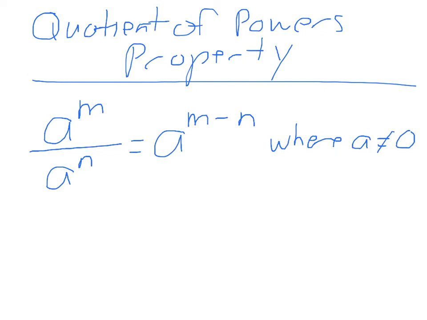And we have to put that in because we don't want to be dividing by 0. If a is 0, then technically you're dividing by 0.